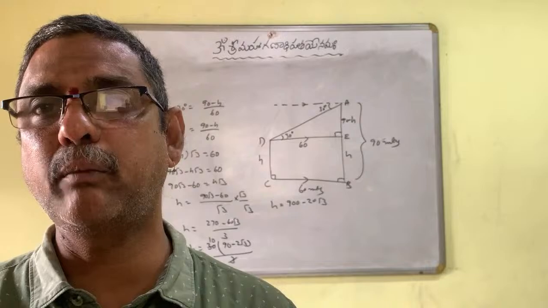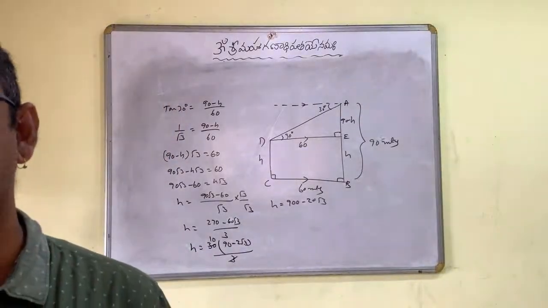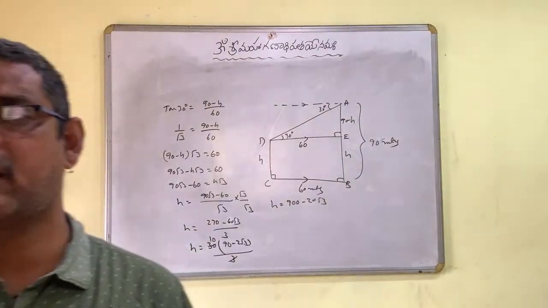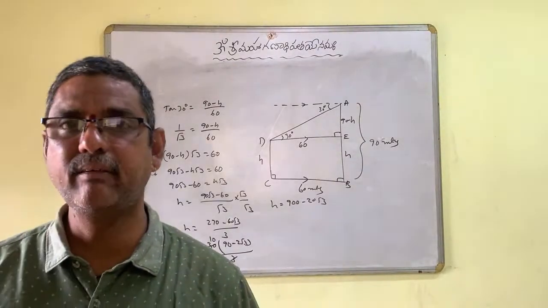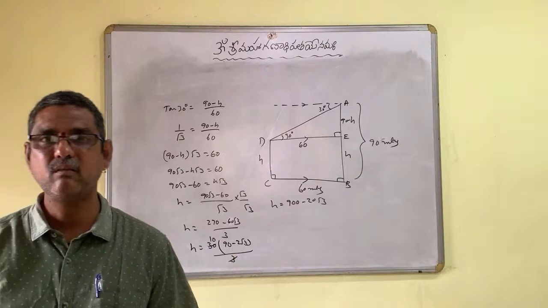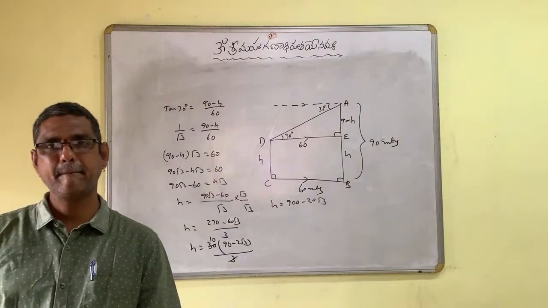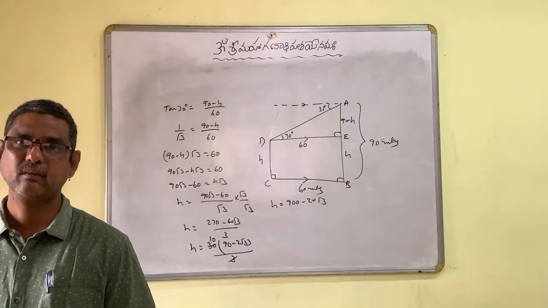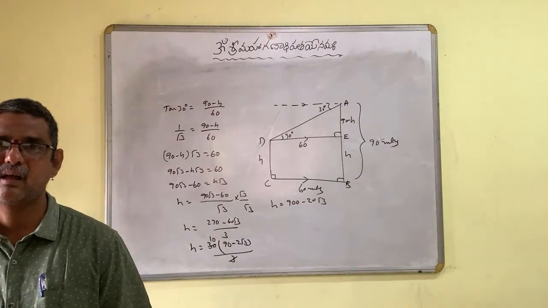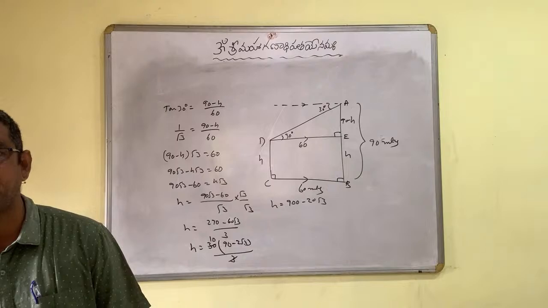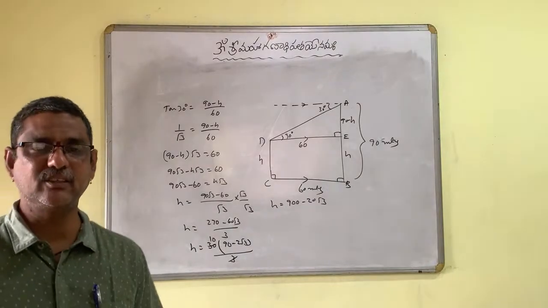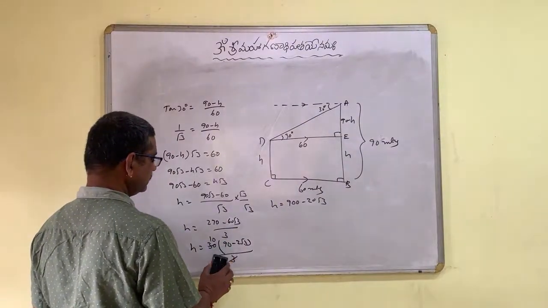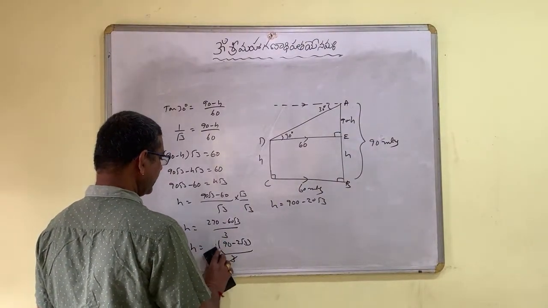Root 3 is given as 1.732. Have I made a mistake somewhere? Why am I getting a different answer from you? I think, sorry, here I can take only 3 common.